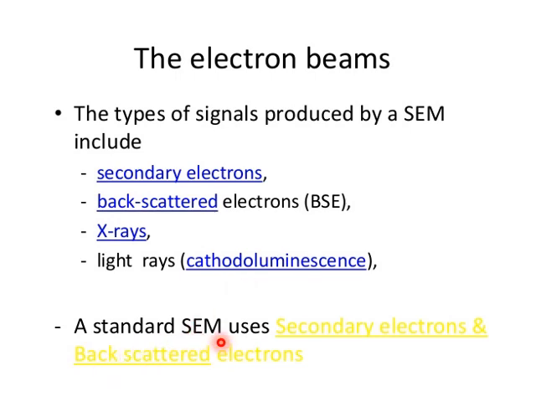A standard scanning electron microscope uses secondary electrons and backscattered electrons for image formation. While in the case of transmission electron microscopy, we have studied that the image is formed from the electrons which are transmitted from the sample, and those electrons were primary electrons.